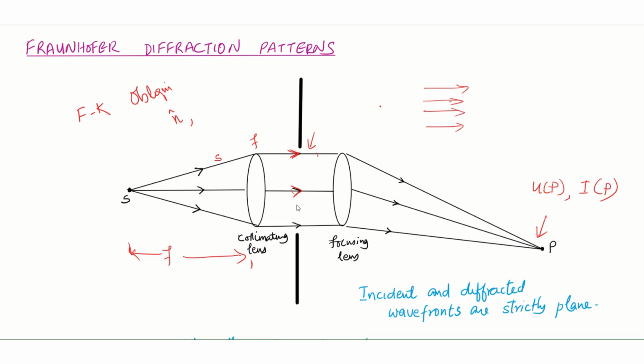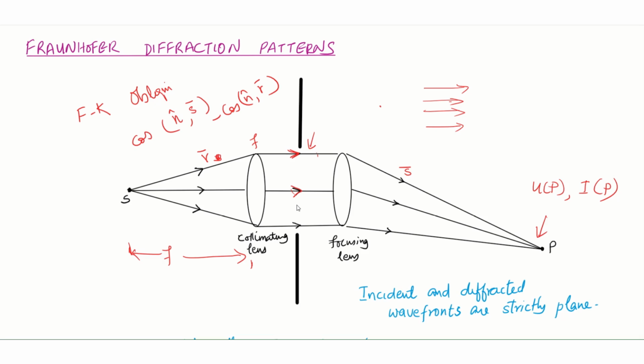I think we have taken it as R, and here we have taken it as S, and we had a factor that included cos(n,s) minus cos(n,r), and we called it an obliquity factor.